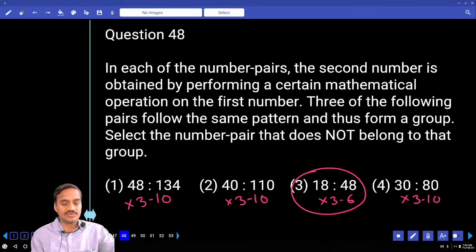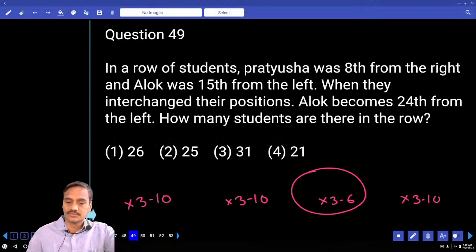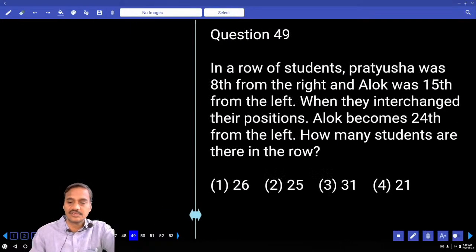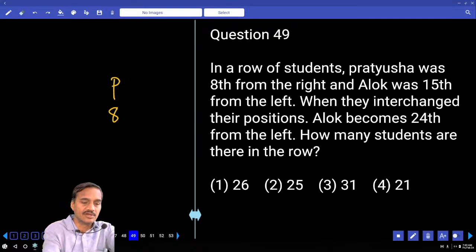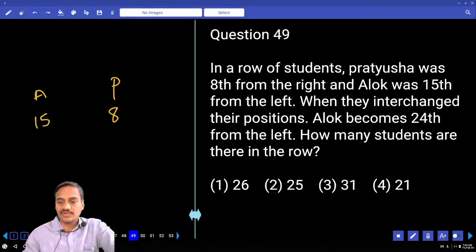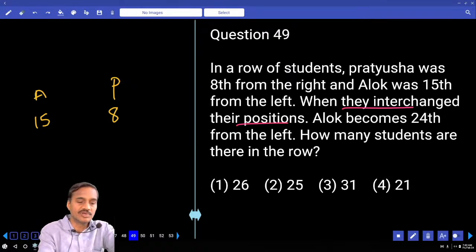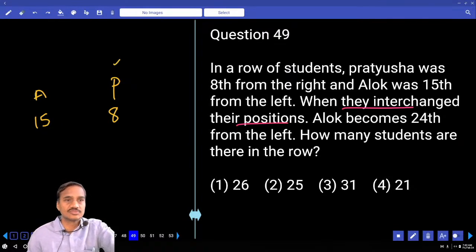Then the 49th one. In a row of students, Pratyusha is 8th from the right and Alok is 15th from the left. When they interchange their positions, Alok comes to Pratyusha's place.